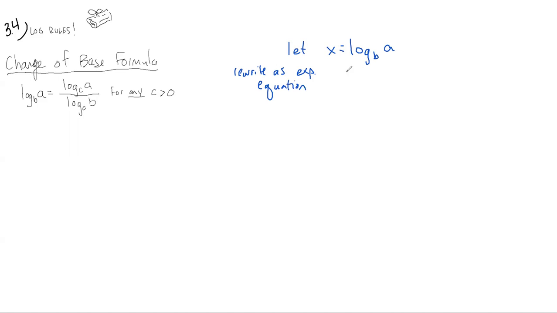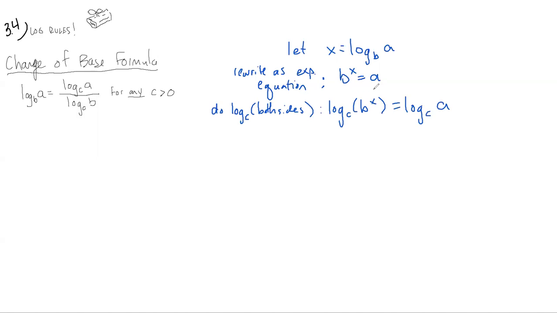That means b to the x equals a. That's the equivalent exponential form. Now I'm going to do something kind of bizarre. I'm going to take log base c of both sides. So I have log base c of b to the x equals log base c of a.